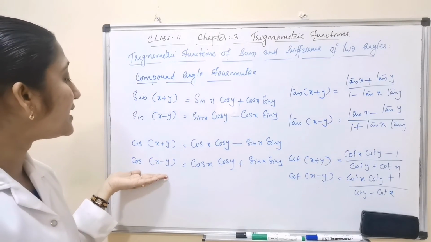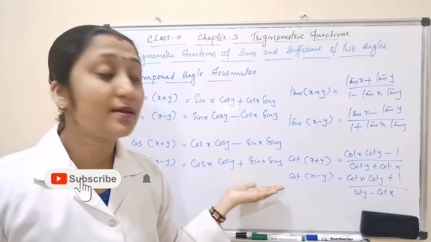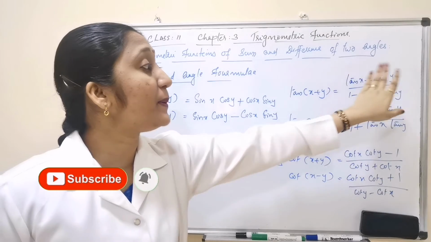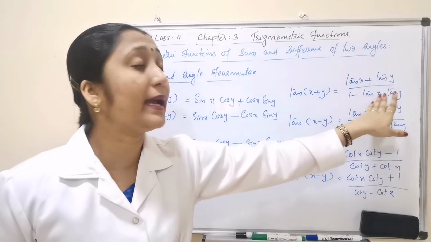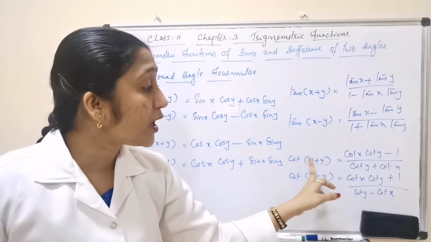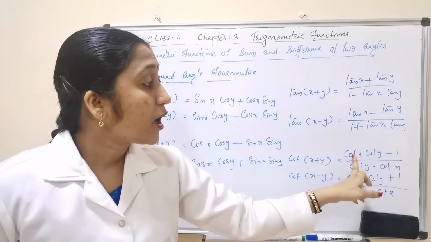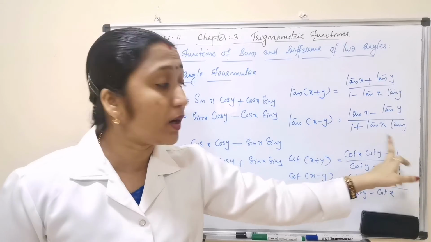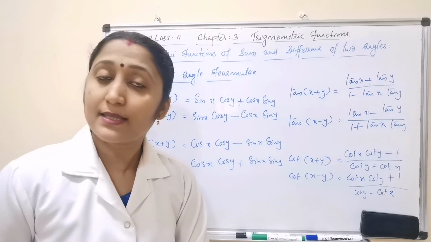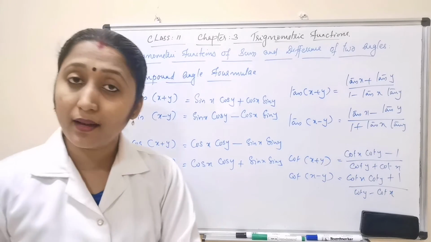And cos of x minus y means cos x cos y plus sin x sin y. In the case of tan, tan x plus tan y divided by 1 minus tan x tan y. But in the case of cot, cot of x plus y means cot x cot y minus 1 over cot y plus cot x. Okay. Is it clear? This is the compound angle formula.